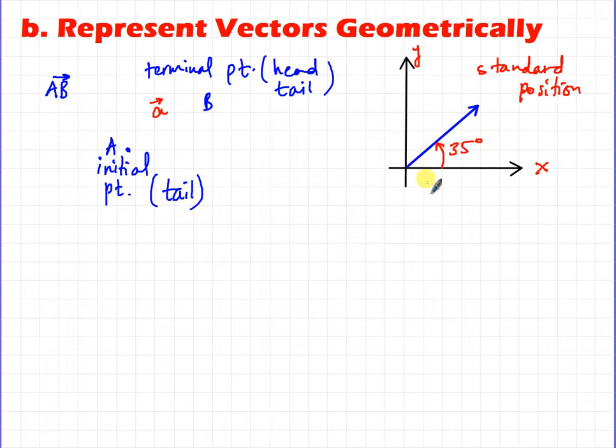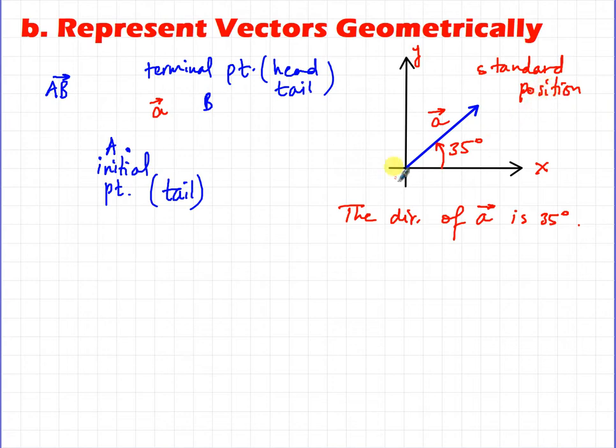So I can say here, and still this is vector A or AB, the direction of A with an arrow on its top. Always, whenever you write a vector quantity, you should not forget to put this arrow on the top. Okay, the direction of A is 35 degrees. So this is one way to describe the direction of a vector when it is in standard position.